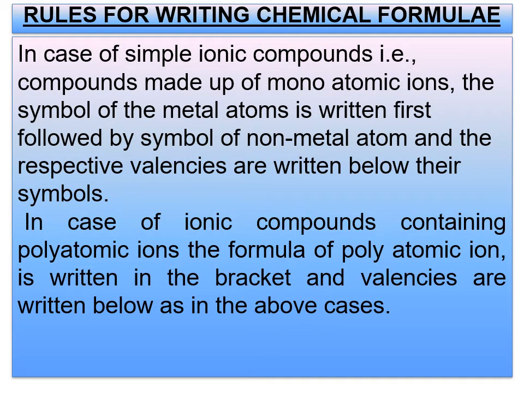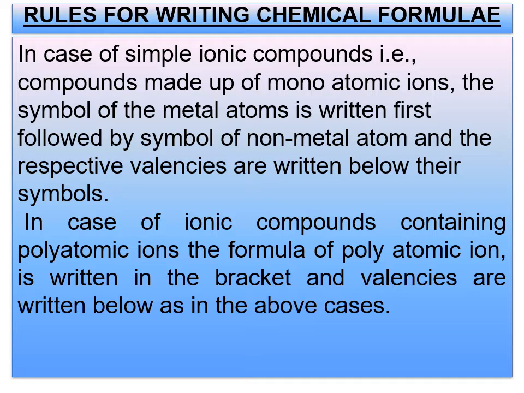In case of a simple ionic compound, that means compounds made up of monoatomic ions, the symbol of the metal atom is written first, followed by the symbol of the non-metal atom, and the respective valencies are written below their symbols. Children, in the next part of our video, we will see one example of each in clarity. Okay, so just listen to the rules.